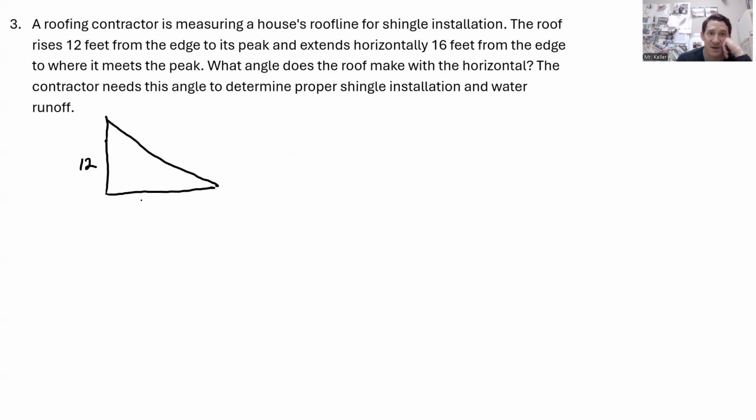So that's going to be 16 feet down here. What angle does the roof make? And that's going to be X in here. We're going to try to find that angle. So what's the angle of elevation of the roof need to be for proper runoff, or to meet these distances here.